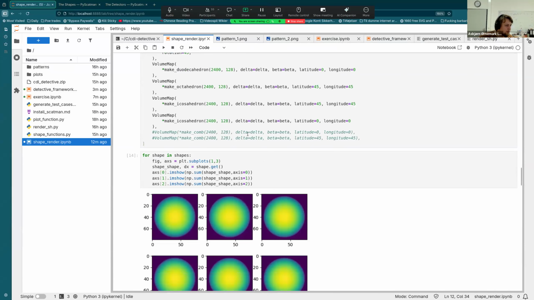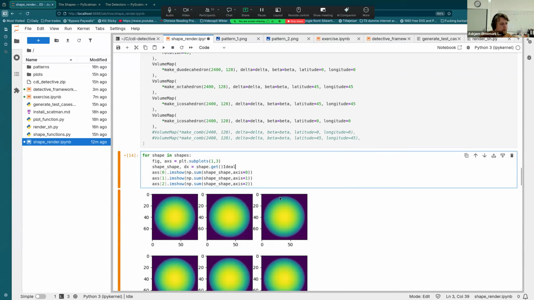We go back here to shape renderer. This you cannot see, but this is one of the things you get if you compile it from scratch. For each shape, there's a get function, which will just give you the density, so to speak.